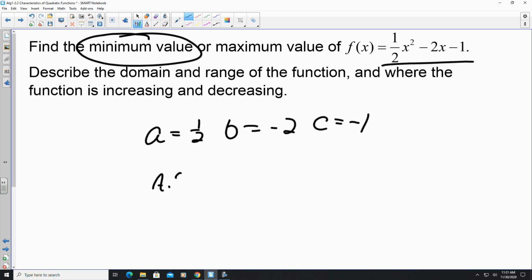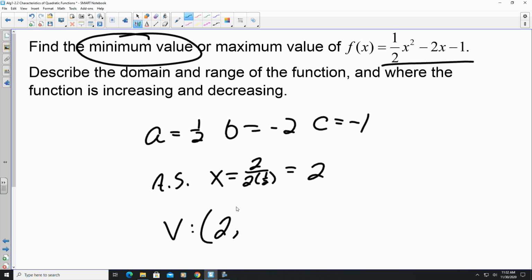All right, I'm just looking for the axis of symmetry because it's going to be x equals -b over 2a, so it's +2 over 2 times 1/2. 2 times 1/2 is 1, so that means my axis of symmetry is 2. So my x coordinate for my vertex, which is going to be my minimum value, is 2.